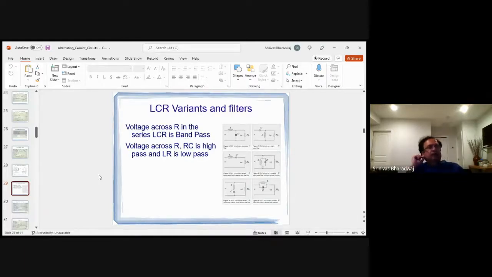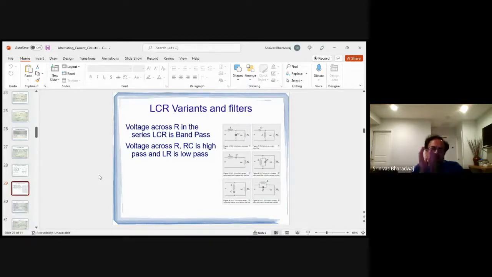So if the voltage has a very low frequency and you have an LR circuit, the LR circuit will have the most voltage across the resistor. That's what we mean by low pass.